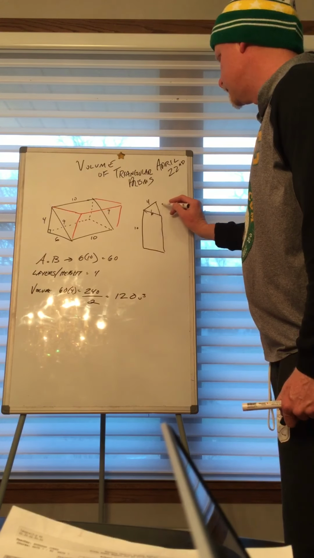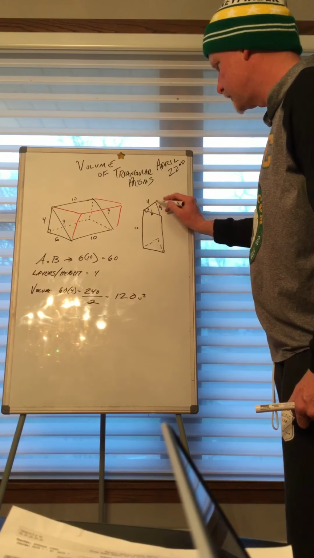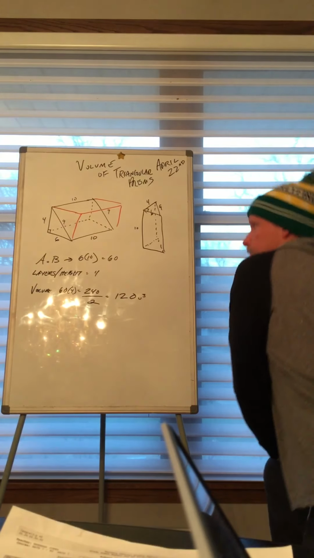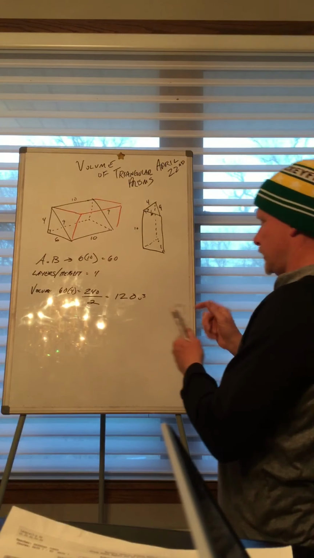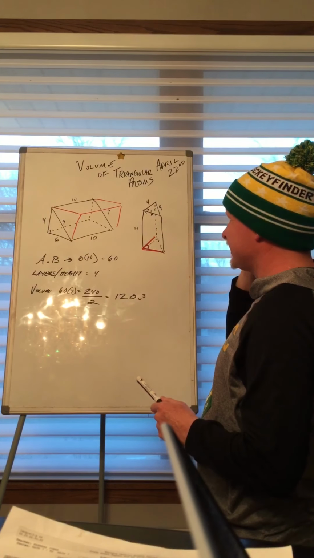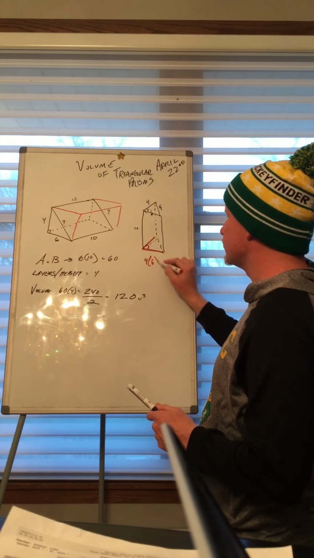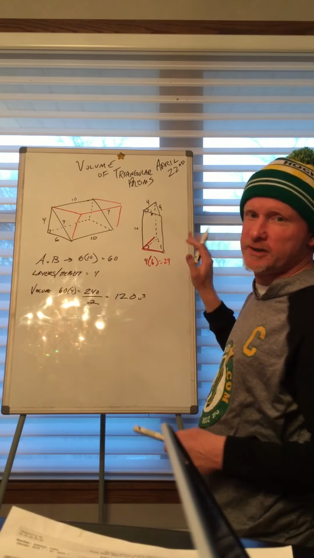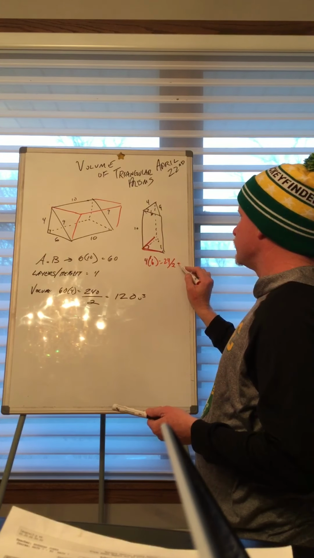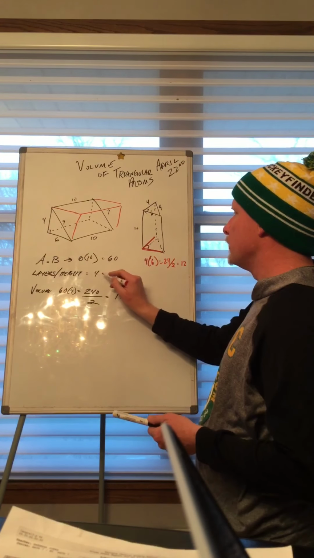That is 6, that is 9, so that's our right angle. So it would look like something like this. So on here, our base is this 4 by 6. So 4 times 6 is 24. But since it's a triangle, right away we have to divide it by 2, which is 12 for my area of the base.